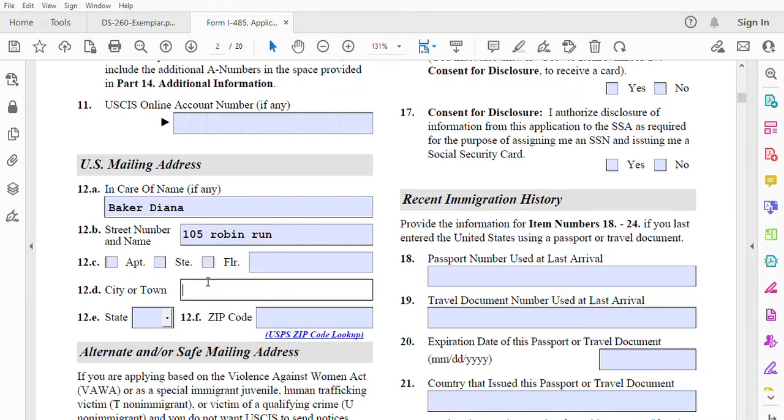City or town is Indianapolis, and the state is Indiana. And the zip code is 46221.